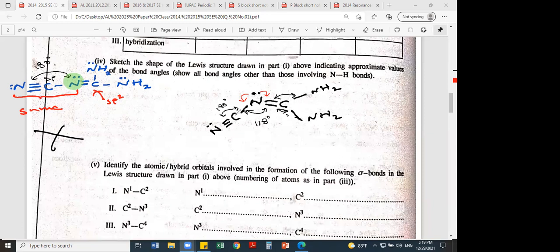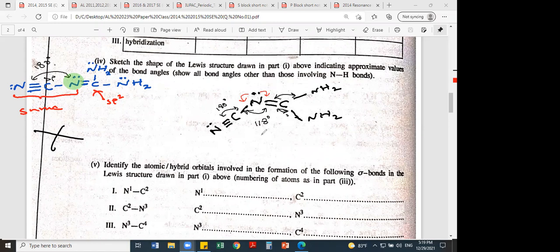Okay, so do you get me now? What happened? You have to draw the correct Lewis structure. After that only you can decide the shape, geometry, bond angle and everything. If the most acceptable Lewis structure goes wrong, that is the risk of this compulsory question.